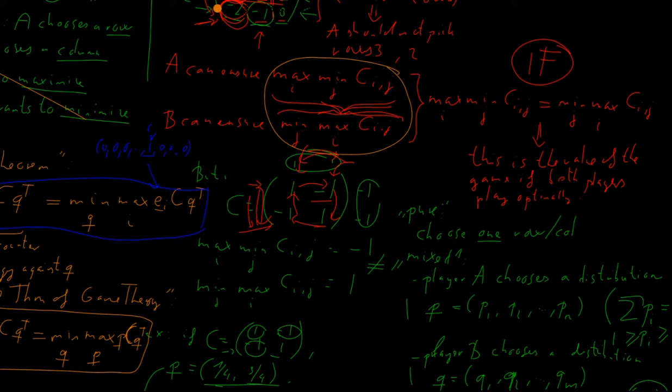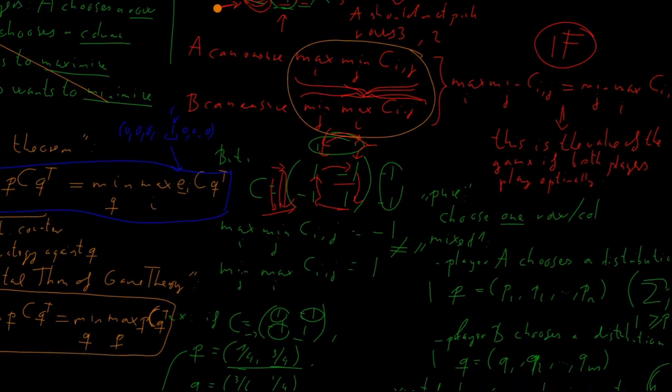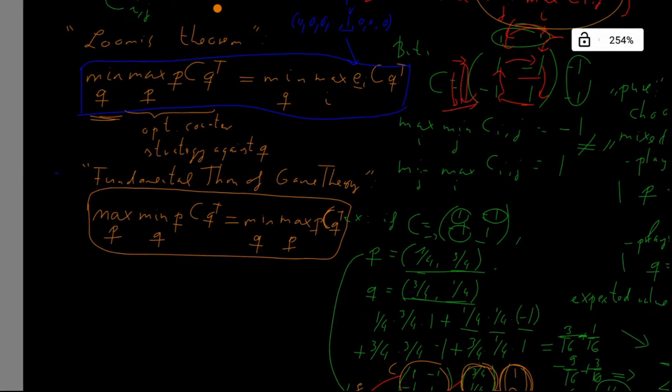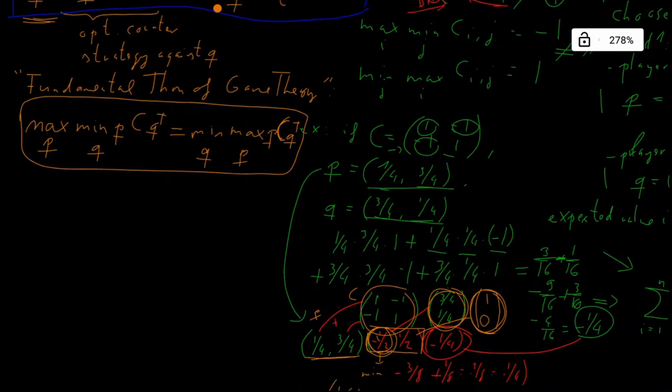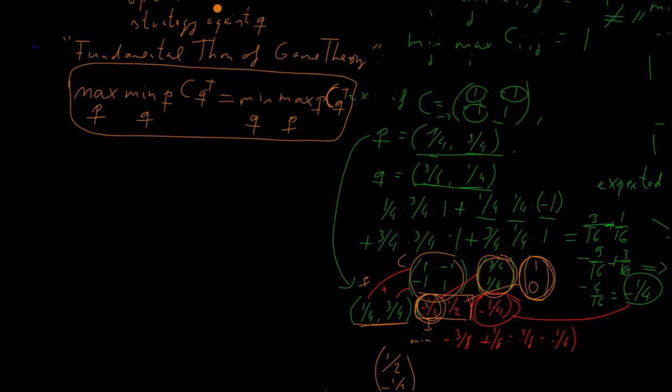This can happen because amongst the pure ones there is not always a clear coincidence. But in the case of randomized choices, the case of probability distributions, it always holds. So it means that an optimal strategy, P star, Q star, exists. Usually the optimal is denoted by star.